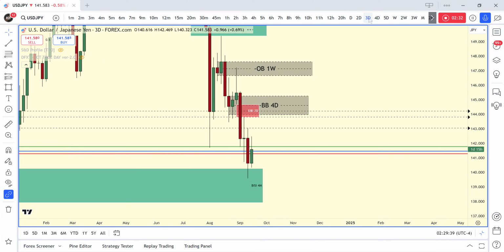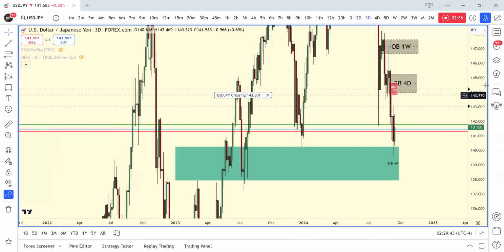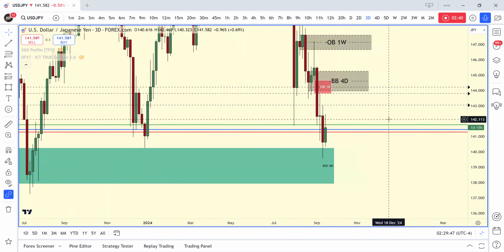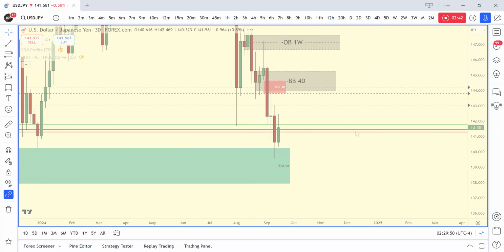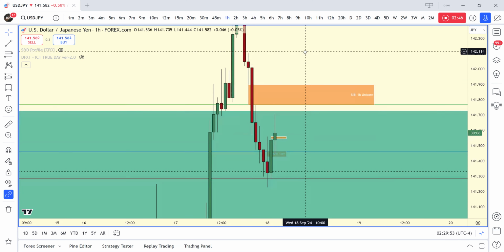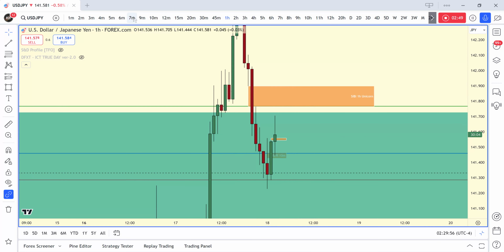Okay, 3-day. So expecting maybe price potentially coming up into there. As you can see here, we had quite a bit of a drop. It's possible, but for now the target is... I'd like to see if we can reach into there.